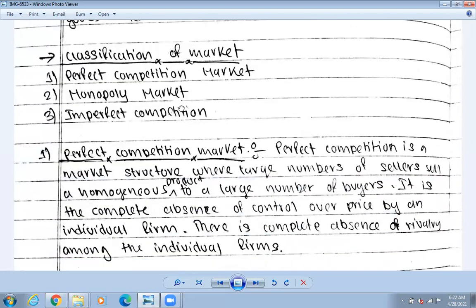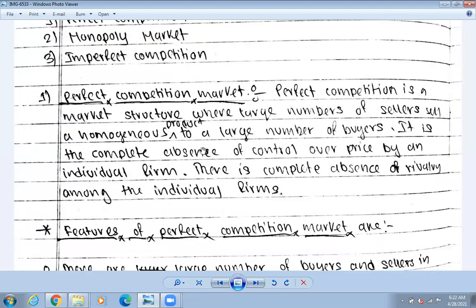Let us learn the first topic, the perfect competition market. Perfect competition market means the place where there are many sellers.